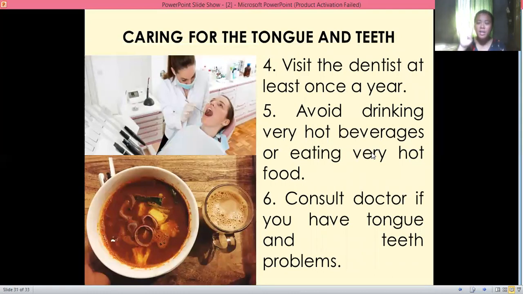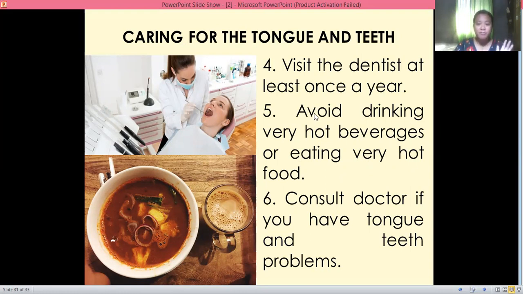And number 4, visit your dentist at least once a year. And number 5, avoid drinking very hot beverages or eating very hot food, because it can damage your tongue. Napapaso, okay?